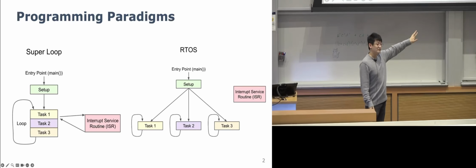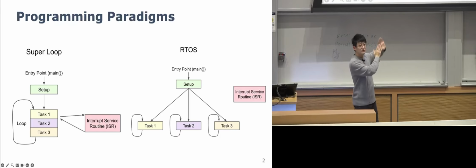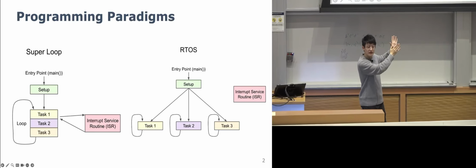So this will be a bit more complicated to do, but if you want a more complicated system, this could be a good way to go. There's no strict good or bad between them. It really depends on your tasks.